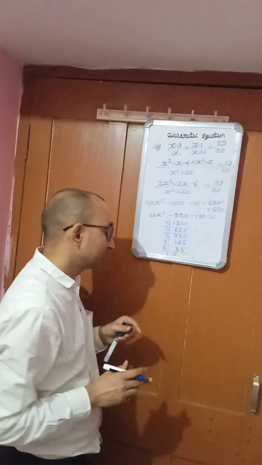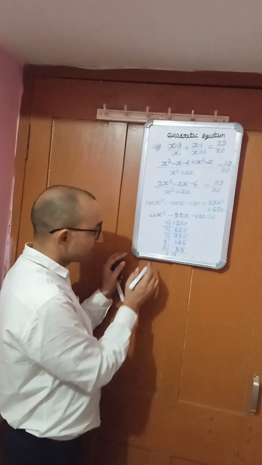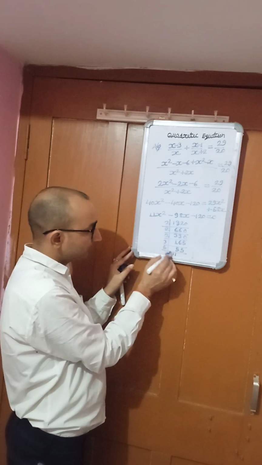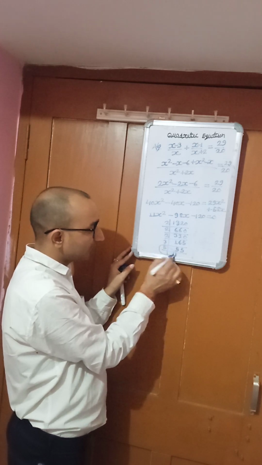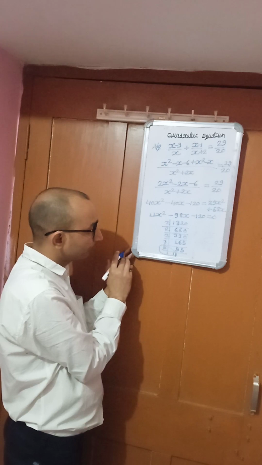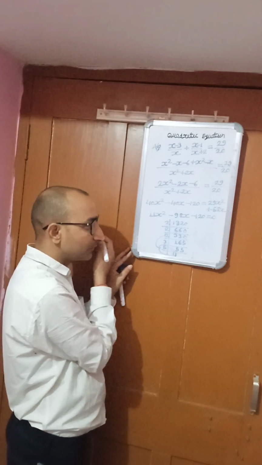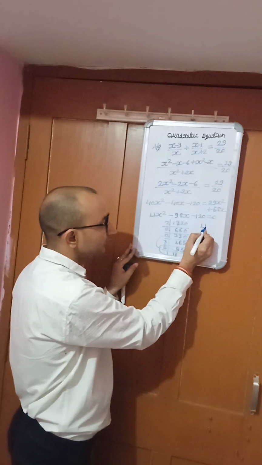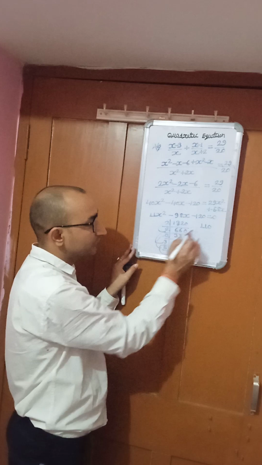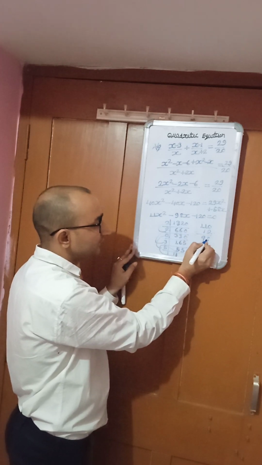How can we do this? See here: if we multiply 11 into 5, this becomes 55, and 55 into 2 means 110, and 3 into 2 is 6, 2 into 2 is 4, that is 12. If we subtract, this becomes 98.